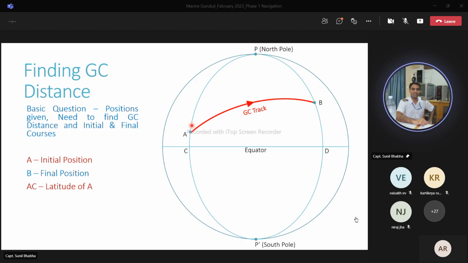So that is what AC represents. So this tells us that AC is the latitude of our initial position A.